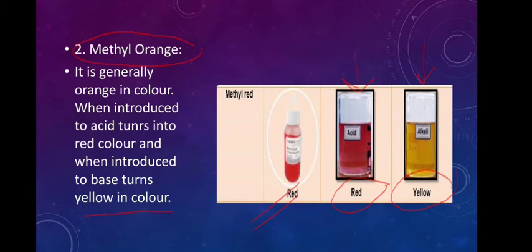So for making the turmeric indicator, you will take a tablespoonful of turmeric powder, add a little water and make a paste. Then make turmeric paper by depositing turmeric paste on blotting paper. Blotting paper is easily available.